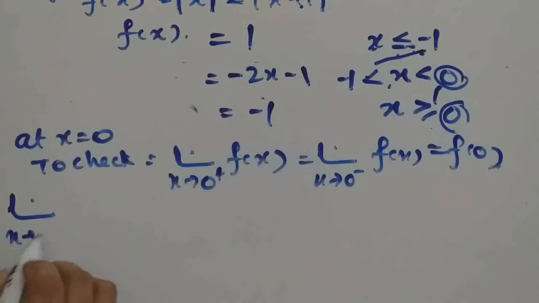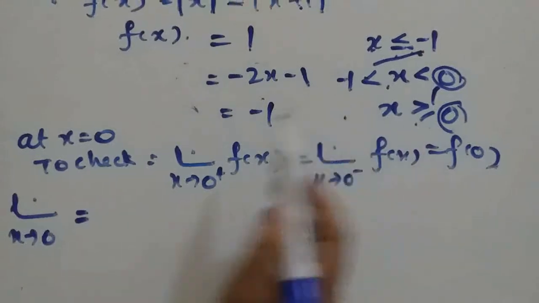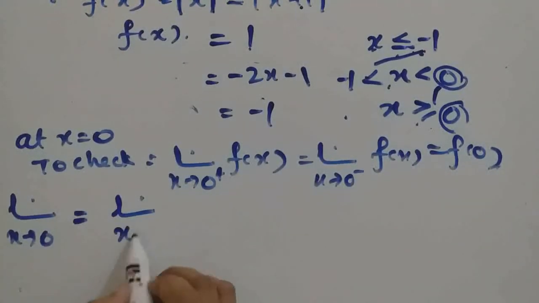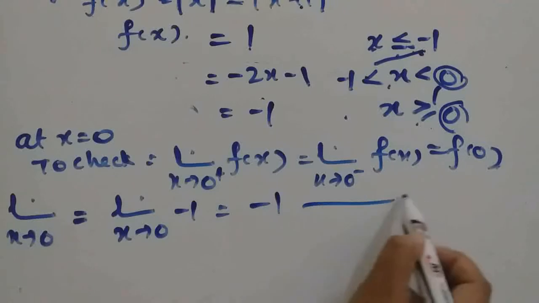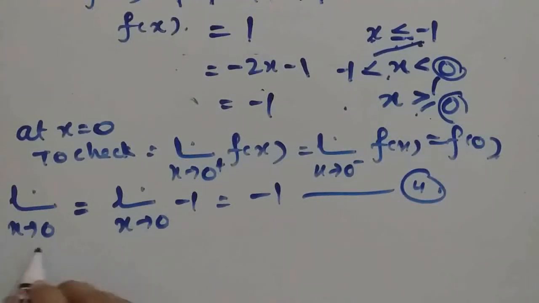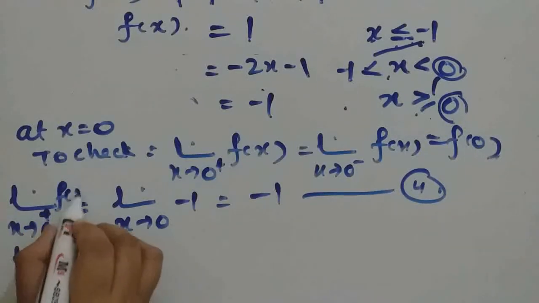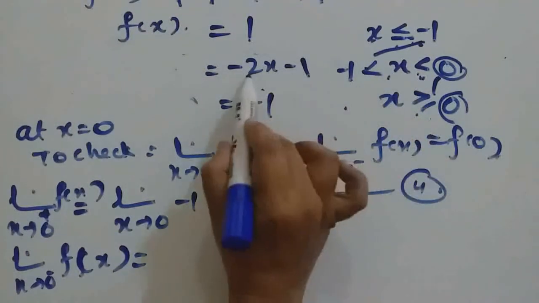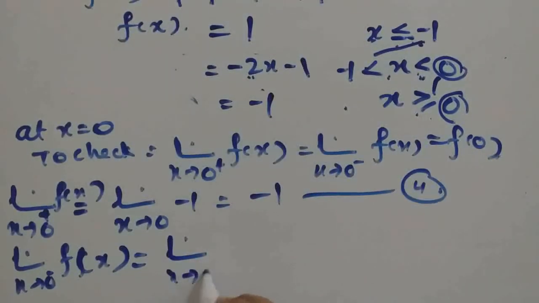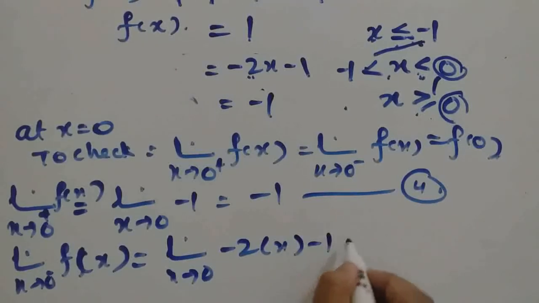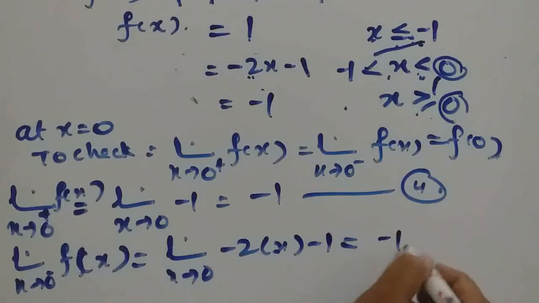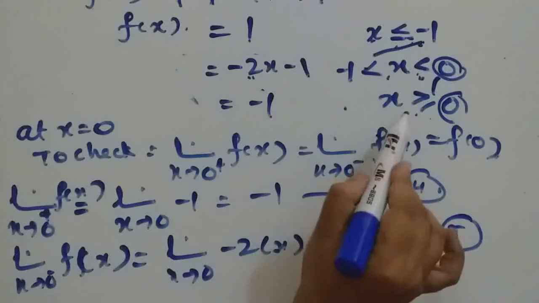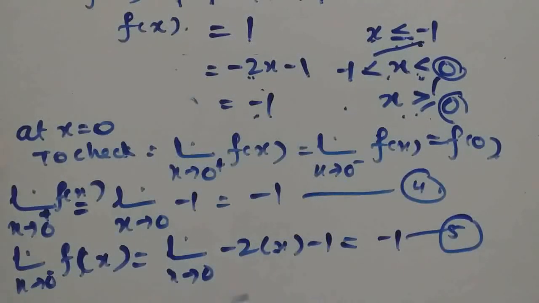Limit x tends to 0 plus means x greater than 0, which is the third function, so the answer is minus 1. Equation 4. Limit x tends to 0 minus means x less than 0, which is the second function. If you substitute x as 0, you get minus 1. Equation 5. And f of 0 is also minus 1. Equation 6.